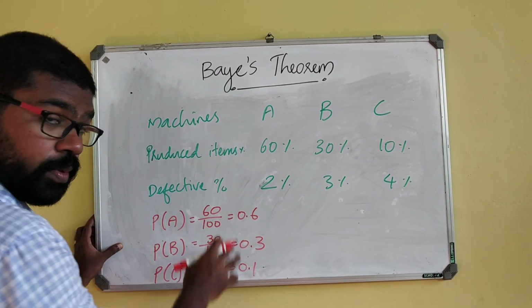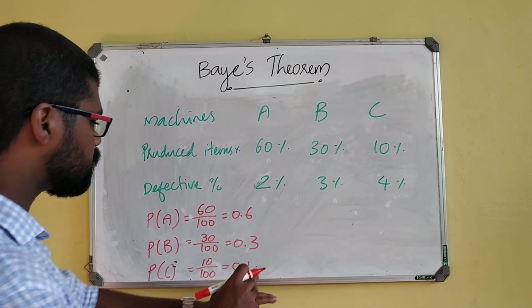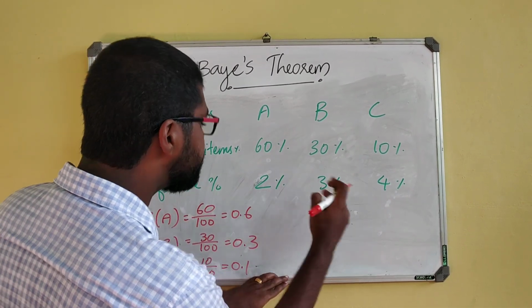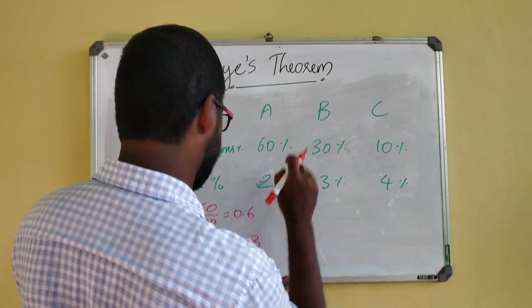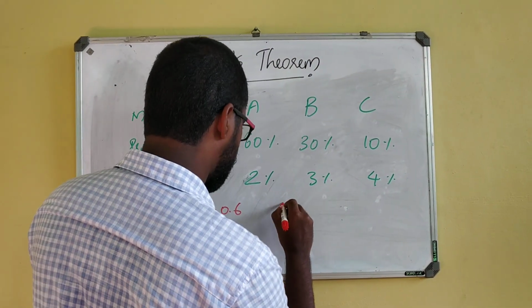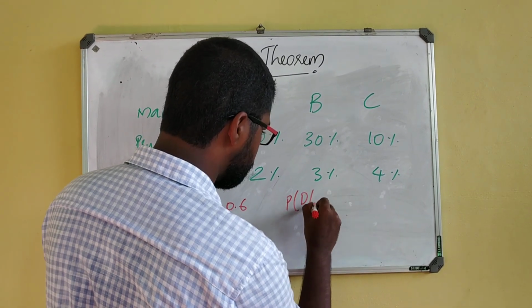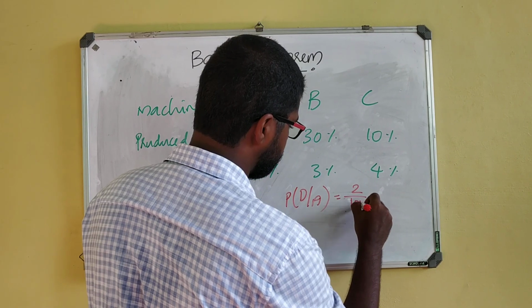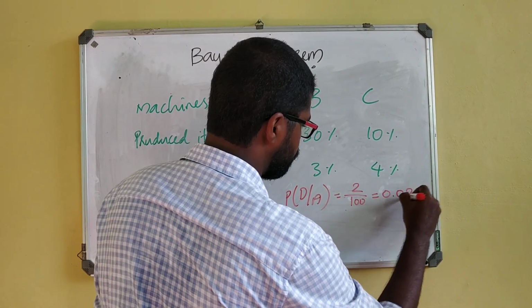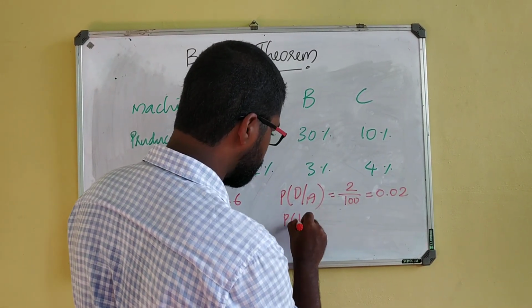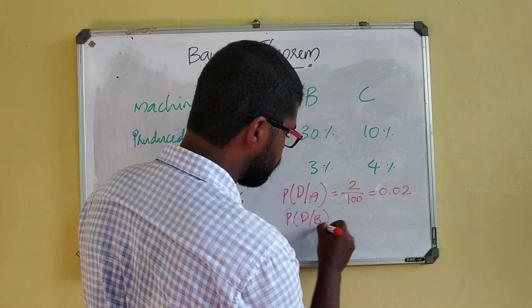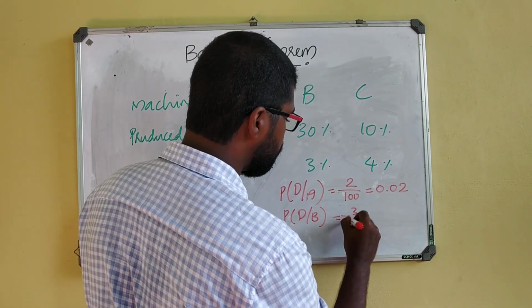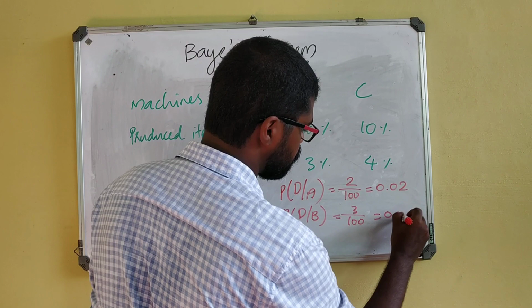So this is the normal probability case. Okay, and let's see the conditional probability. That is, if some products are defective, then it is from machine A. That is, probability of a defective product produced by machine A is equal to 2/100, that is 0.02. And probability of a defective product produced by machine B will be 3/100, so it is 0.03.